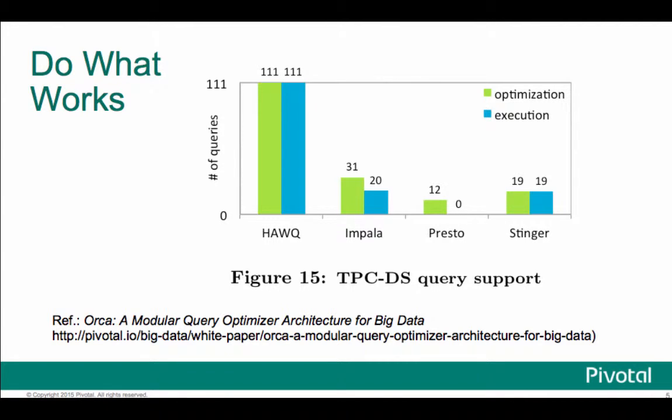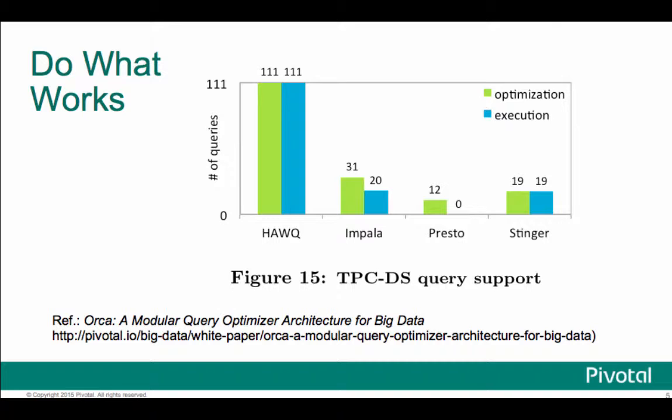This figure appears on page 10 of the paper cited here, ORCA, a modular query optimizer architecture for big data. This was presented at the SIGMOD 14 conference in June 2014. They used the TPC-DS benchmark, and this figure illustrates the number of queries which were optimized in green or actually runnable or executed in blue on each of the specified systems here.